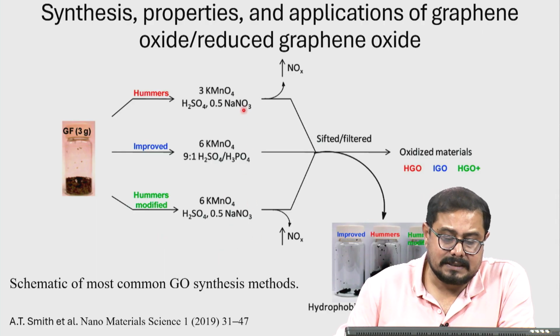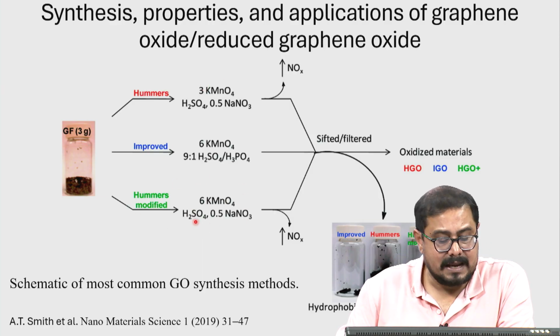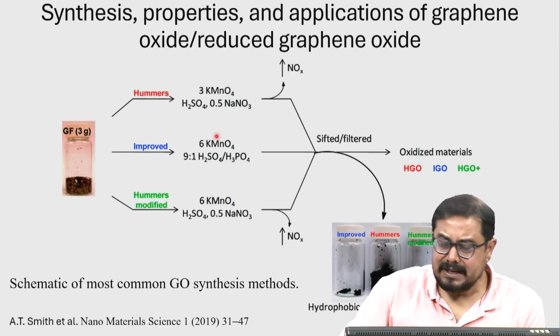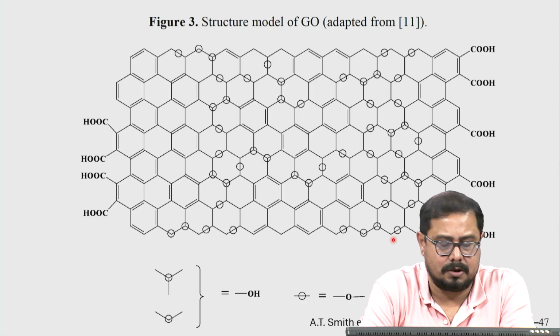In this case we are using sodium nitrate with sulfuric acid and 3 KMnO4. Here we are using the modified one, 6 KMnO4 with sulfuric acid and 0.5 sodium nitrate. Using this, we can make a hydrophobic carbon material that we can dissolve in solution and prepare different kinds of graphene oxide samples.